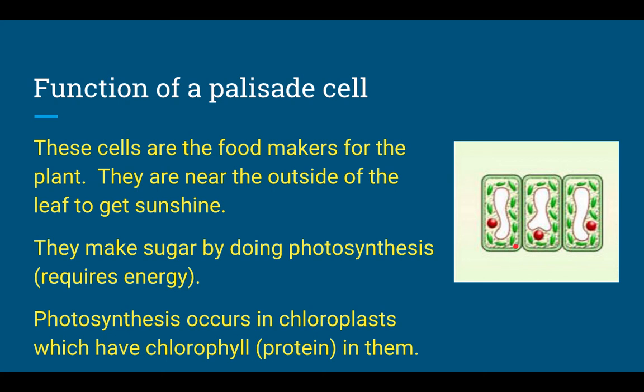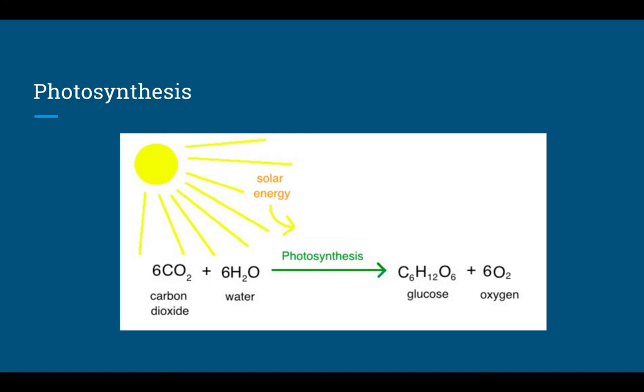We can see several chloroplasts here. This green color inside these chloroplasts is called chlorophyll. Chlorophyll is a type of protein. Also something I want you to think about. Chlorophyll is a type of protein. So what does that mean about what is inside that Palisade cell?